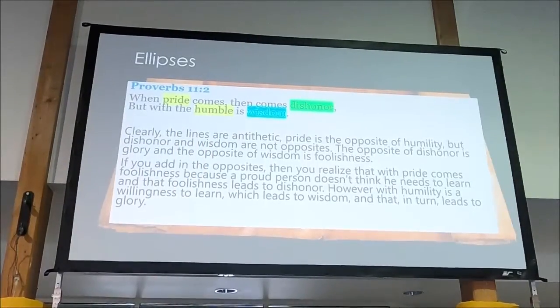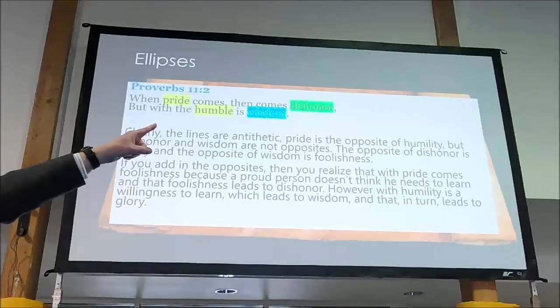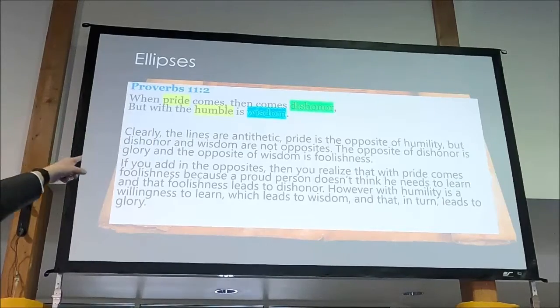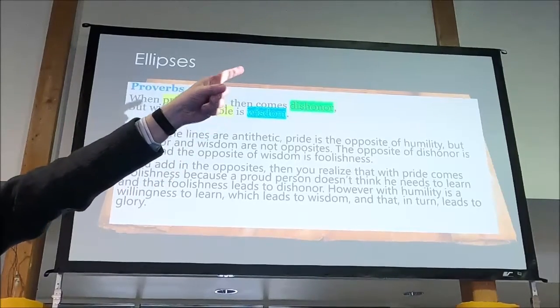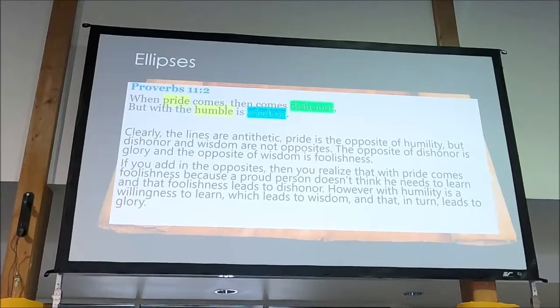So clearly the two lines are antithetic, but we're leaving out something. If you add in the opposites, what would be the opposite of dishonor? Honor or glory. What's the opposite of wisdom? Foolishness. So when pride comes, one is foolish, and the result is dishonor.